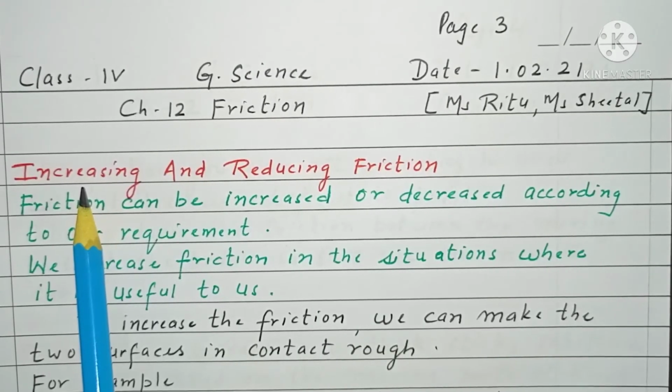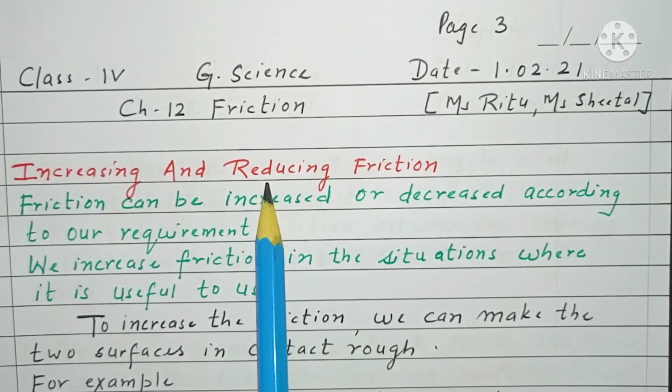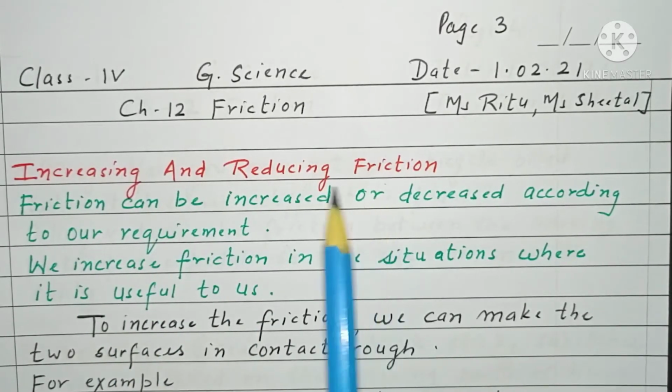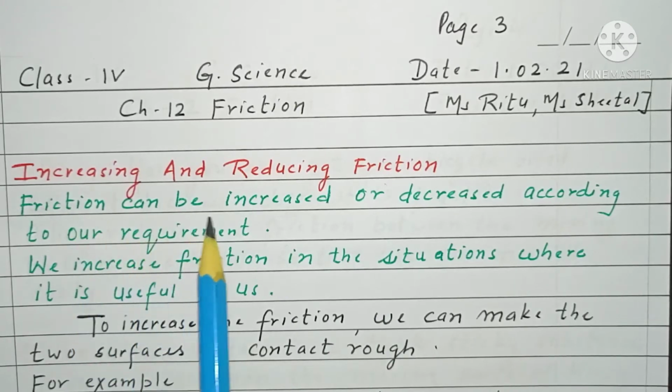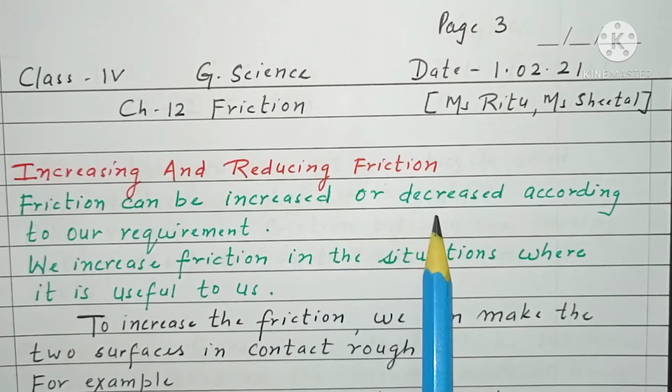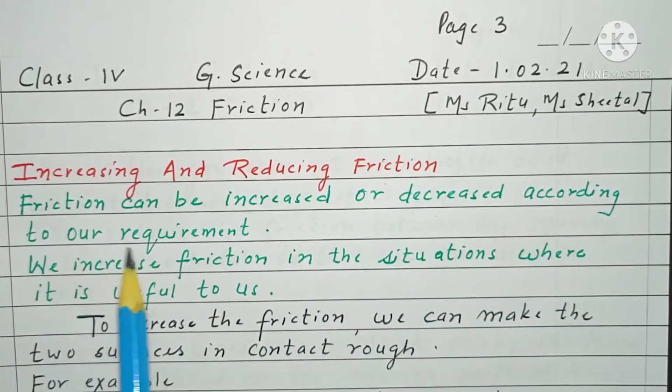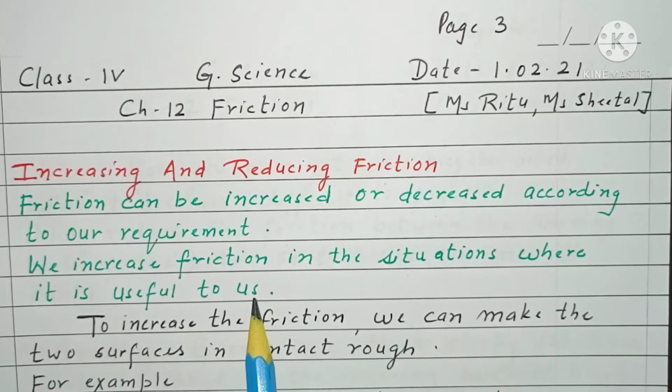Now we are going to discuss increasing and reducing friction. Friction can be increased or decreased according to our requirement. We increase friction in the situations where it is useful to us.